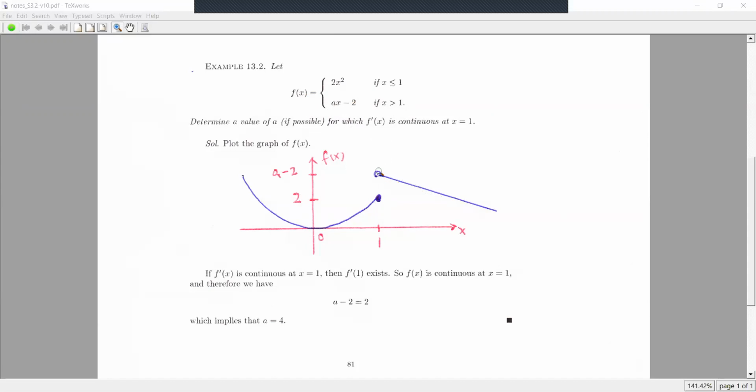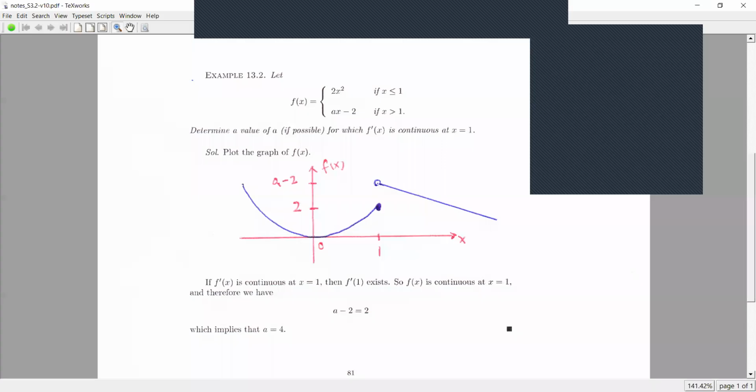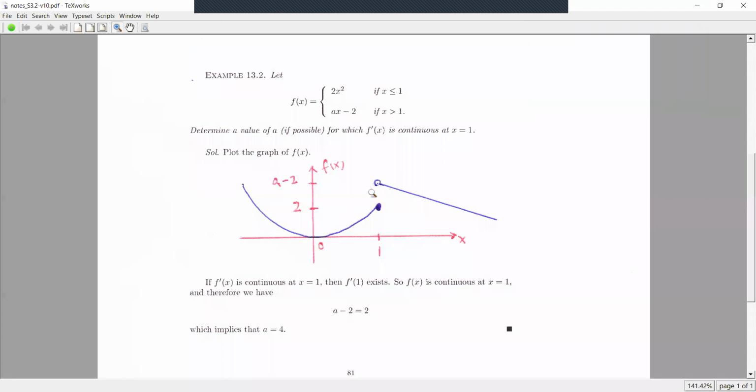I put an open dot here because x is greater than 1. The height of this open dot is plugging 1 in x. The height of the open dot is a minus 2. This is the graph of function f.